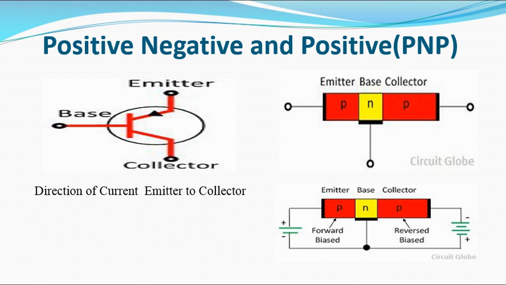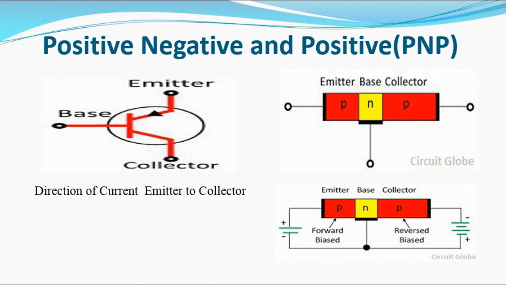Now let's move forward a little bit again. The inside current in NPN is constituted because of the movement of electrons. Whereas in terms of PNP, the inside current is because of the movement of holes.